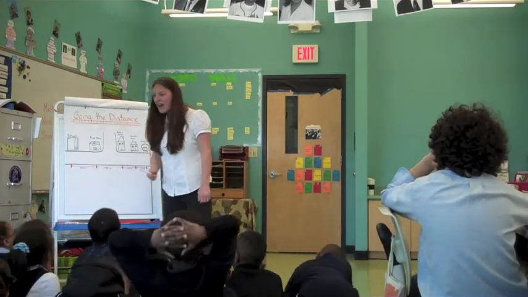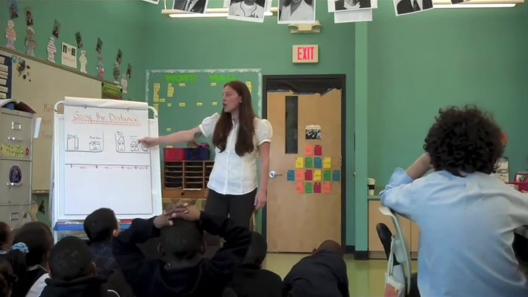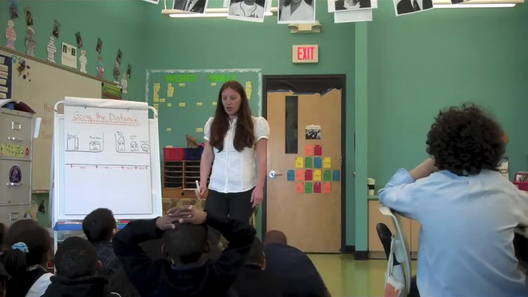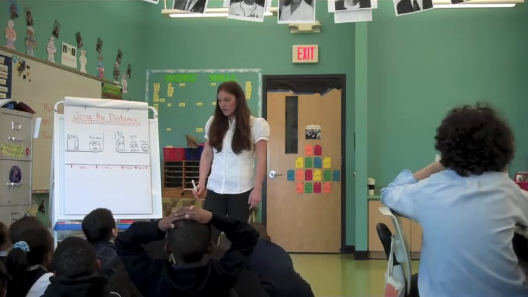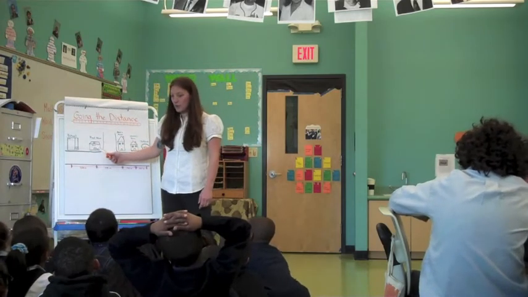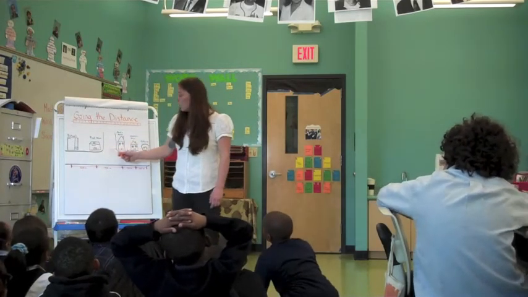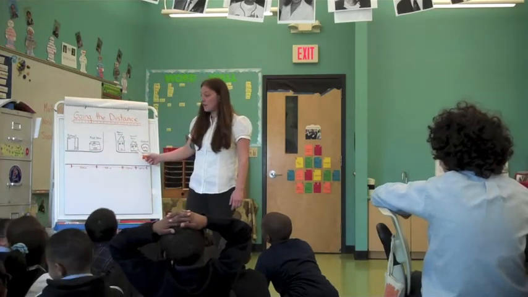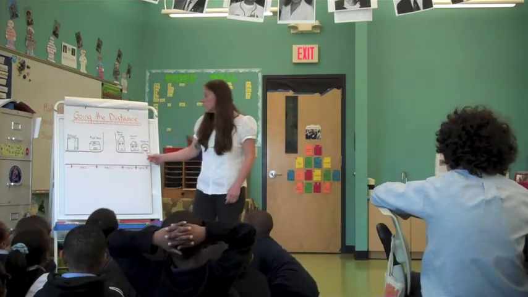Okay, today we are going the distance. We are going the distance from school to the food store, from school to Alex's house, from school to Charles's house, and from school to the ballpark.